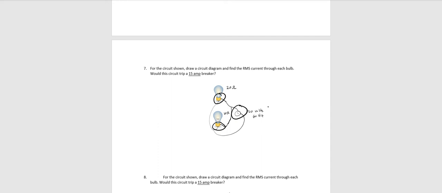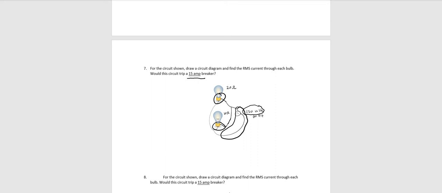Now this one says 120 volts, 60 hertz, and the 120 is not labeled. The intention was that was the RMS voltage, so go ahead and just use the 120. Now it says something about a circuit breaker. The circuit breaker would be in this part of the circuit. I didn't actually put it in the picture, and you don't really need to in your example either.